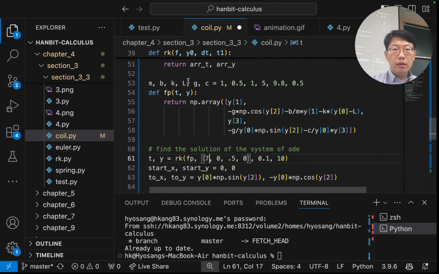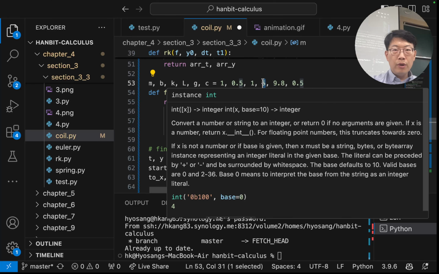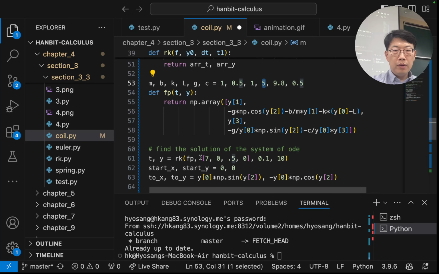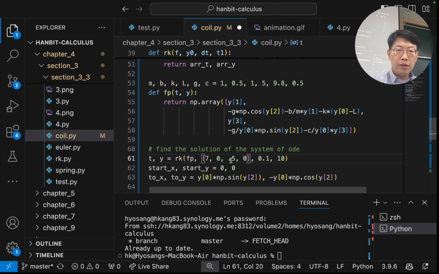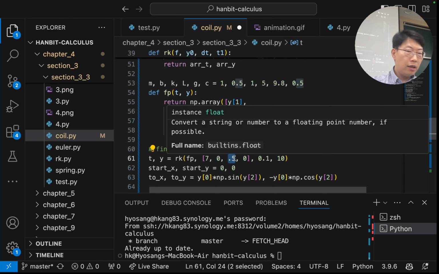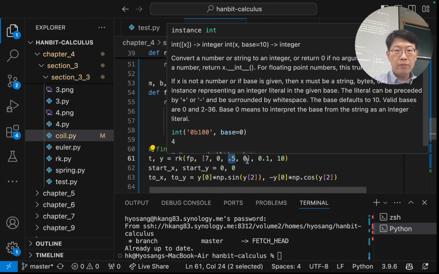The original length is 5, so when I put the initial length to be 7, it's already stretched. So I don't think I need to put any excess velocity here. Theta is starting from 0.5 radian, and I don't want to make it move, so 0 for theta prime.